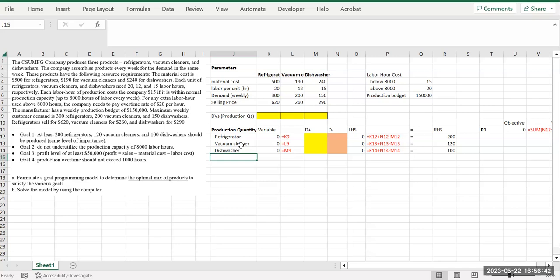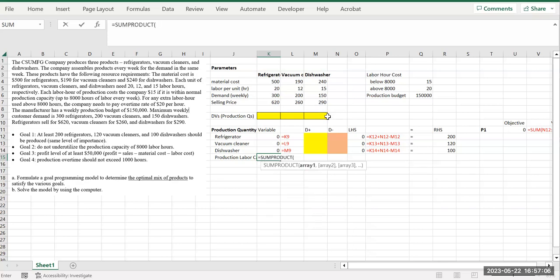So this one actually is going to be production labor capacity. That would be the total number of labor hours that we need for production of these quantities that are going to be determined by the solver later.